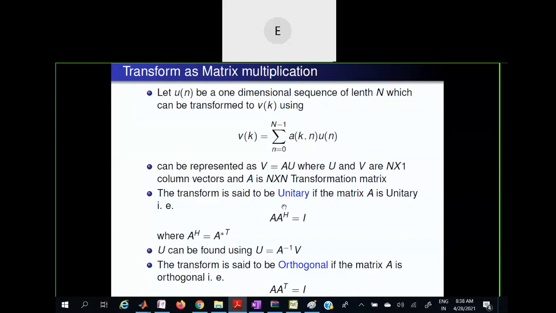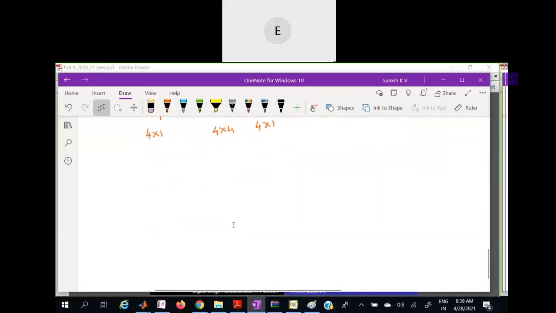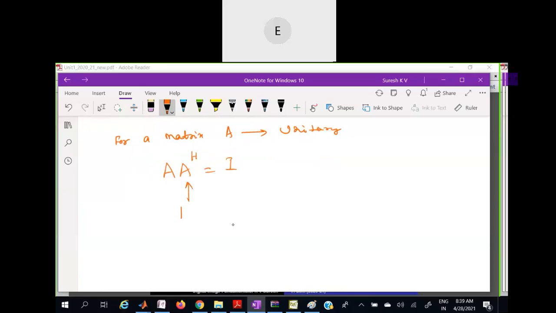A unitary matrix is one which will satisfy this condition: A into AH is equal to I. So for a matrix A to be unitary, it should satisfy A into AH is equal to I. Now AH is actually what is known as a Hermitian matrix.